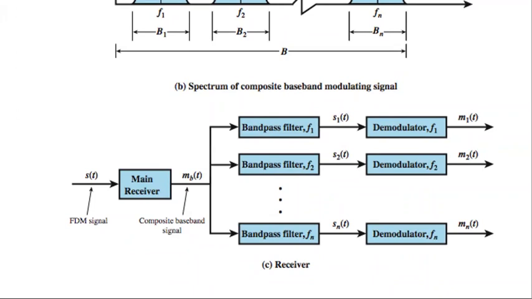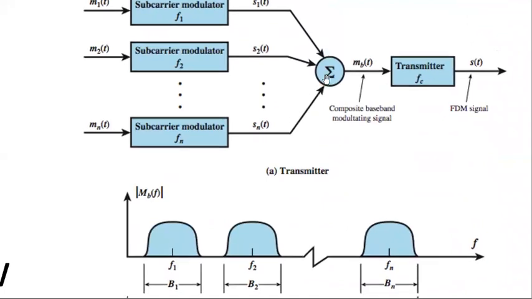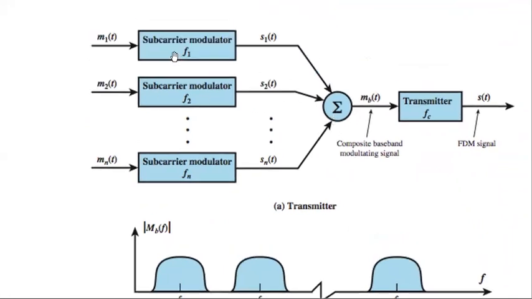Modulation equipment is needed to move each signal, and multiplexing equipment is needed to combine the modulated signals. Here we are doing the multiplexing, and because multiple carriers are used, we call each of them a sub-carrier modulator. Any type of modulation may be used.